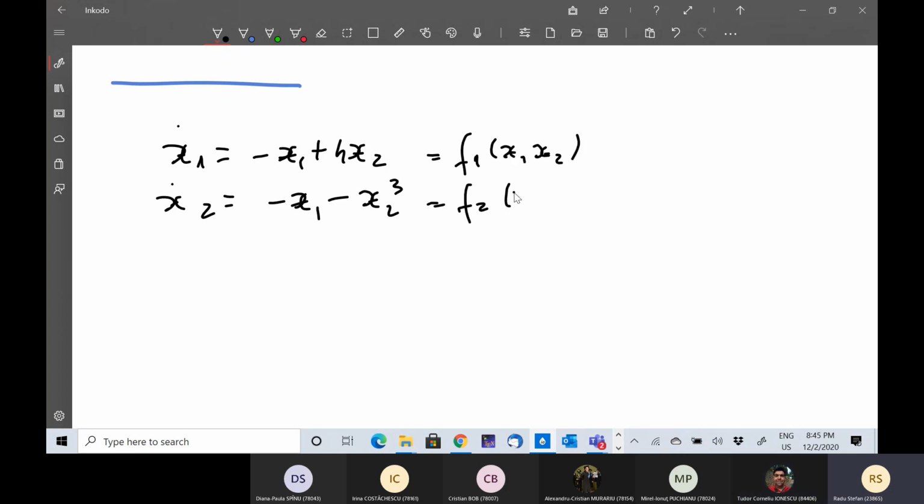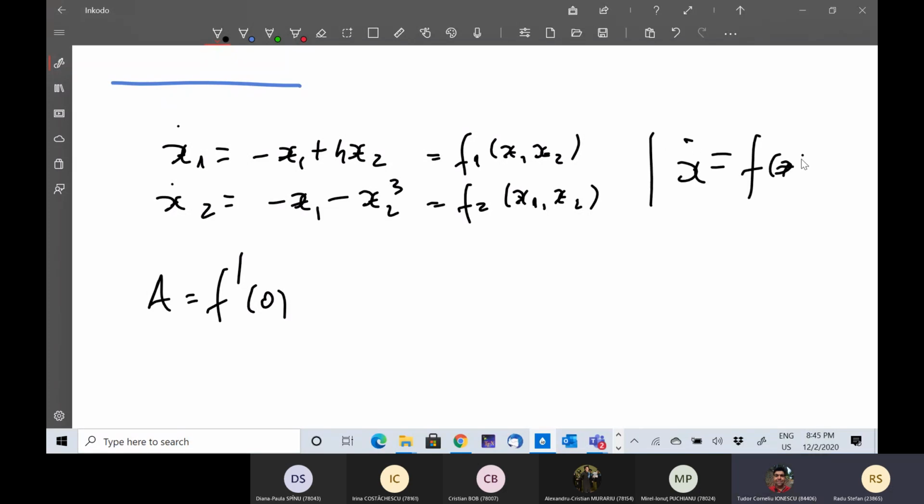I write it again on the board. So what is this A? What is this f prime of 0? We have here x dot equals f(x), or as we write it, df/dx. I will write it in general in point x, just to have an idea.